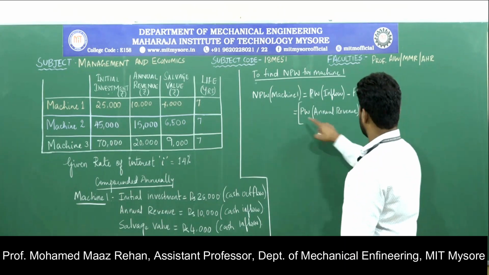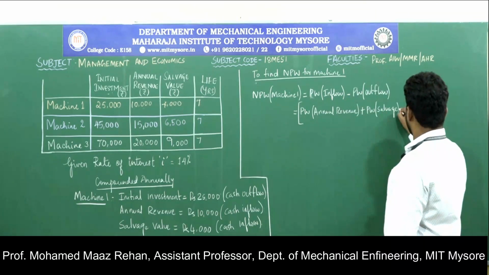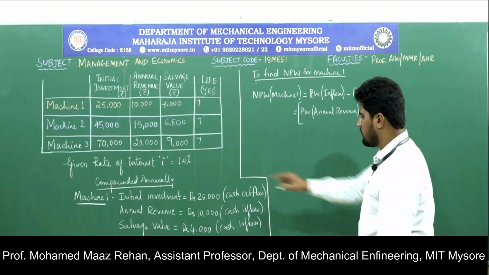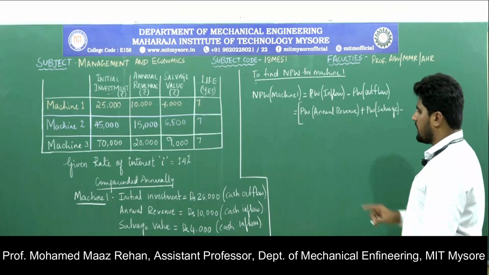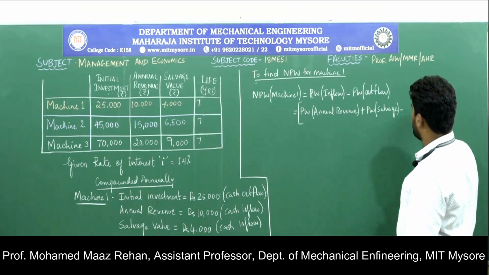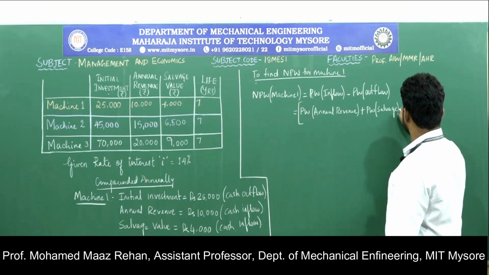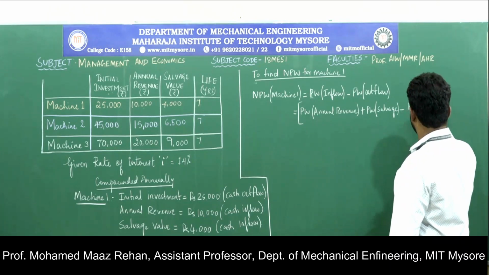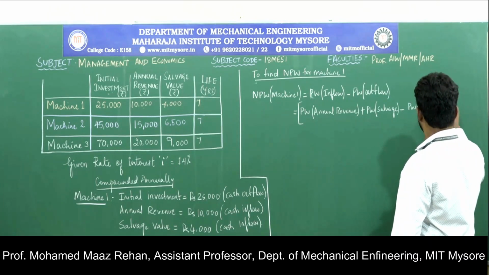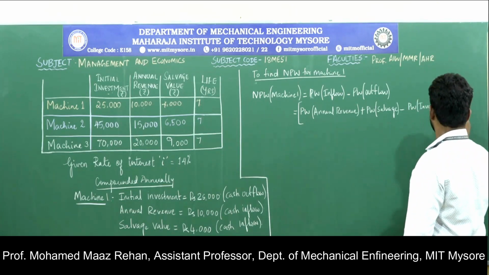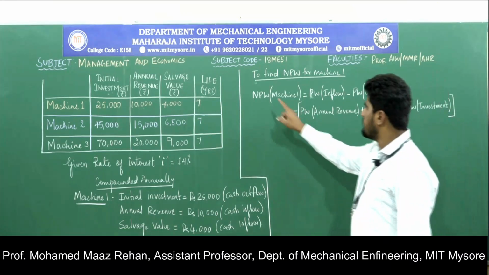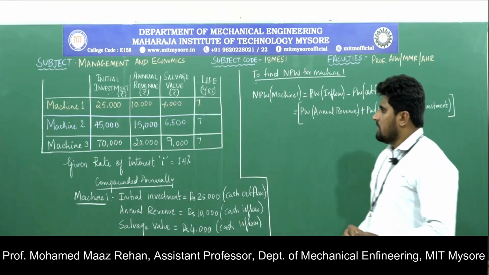These are all inflows. Minus outflow. The outflow we have is the investment, so present worth of investment. This is the formula for net present worth of machine 1.